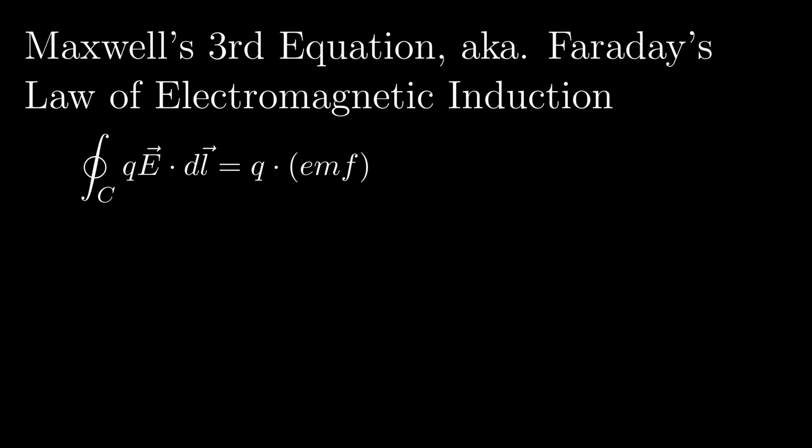However, if the electric field has been generated by some other means, for example, by a time varying magnetic field, then the work done would be equal to Q times EMF. Here, the EMF is actually the potential difference generated by a non-conservative field.